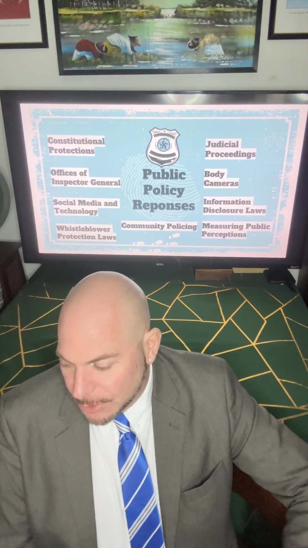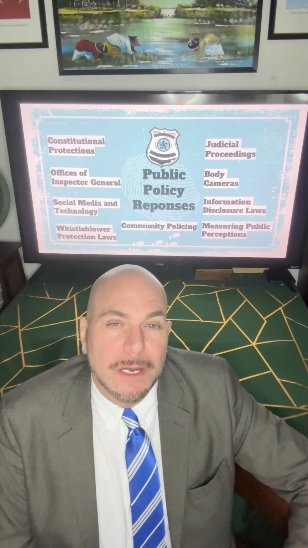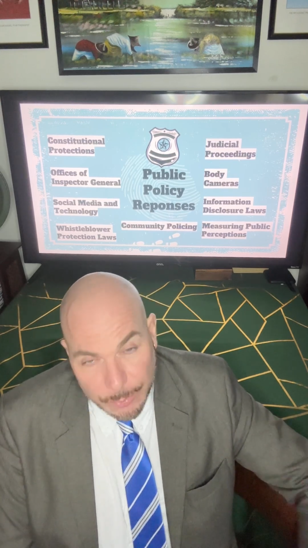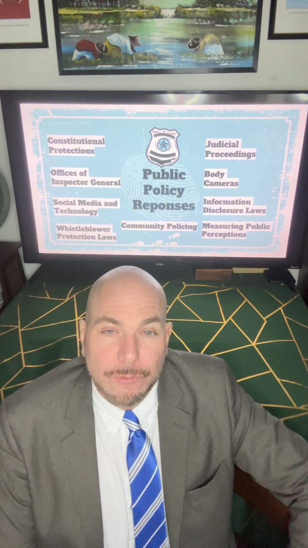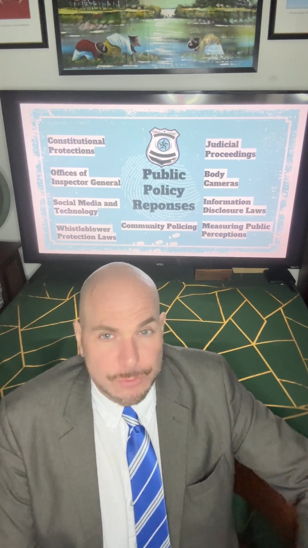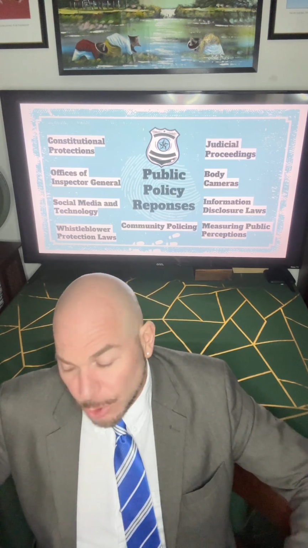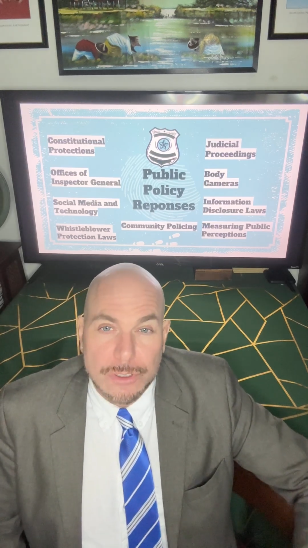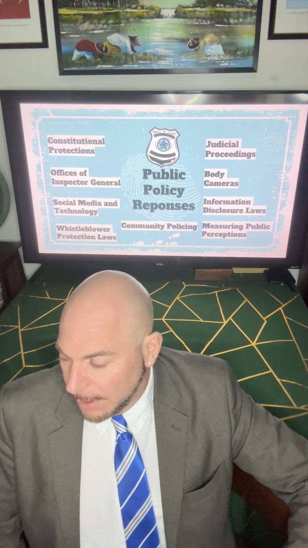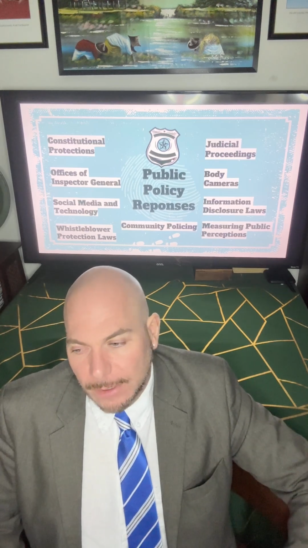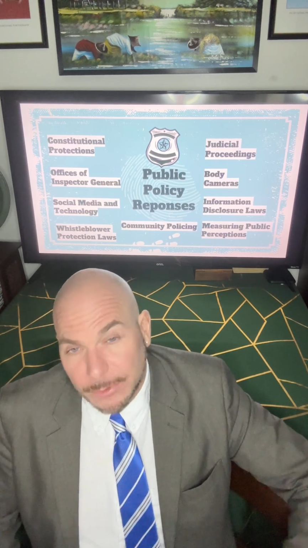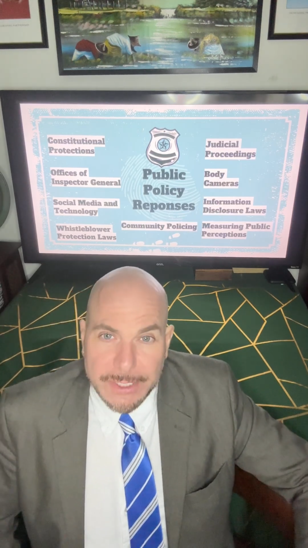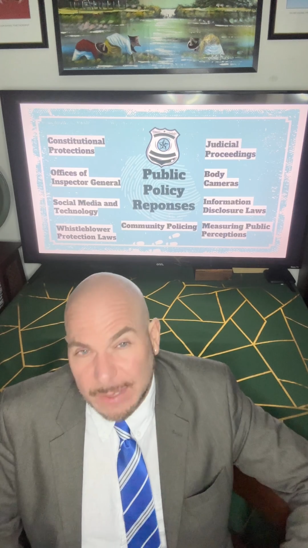You have whistleblower protection laws, like Serpico in the 70s went public about the NYPD and the corruption that was going on there. Community policing, which is a different law enforcement model where you have officers working more closely with the community. Judicial proceedings as accountability, body cameras, information disclosure laws like FOIA, FOIPA, which is a federal information disclosure law, giving the public a right of access to law enforcement information, with some limitations as well, some exemptions from disclosure.